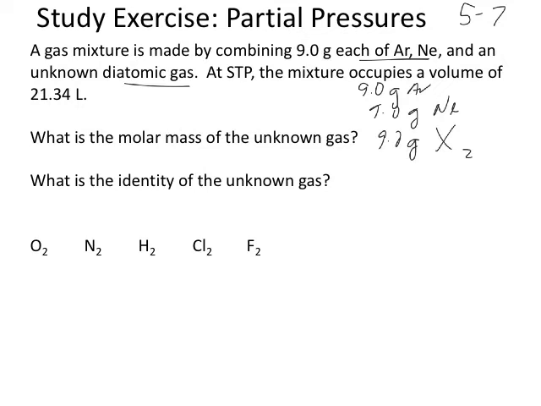At STP, whenever I see STP, I go ahead and define it. So the temperature is 273 Kelvin because it's 0 degrees, and the pressure is 1.00 atmosphere. And it tells you that it occupies a volume of 21.34 liters. What is the molar mass of the unknown gas?